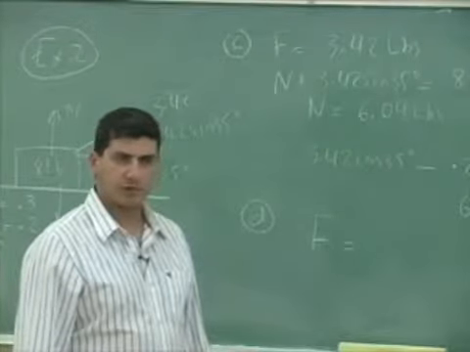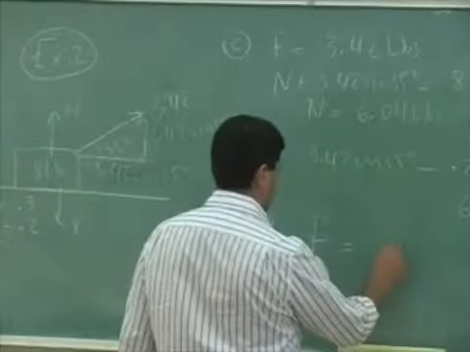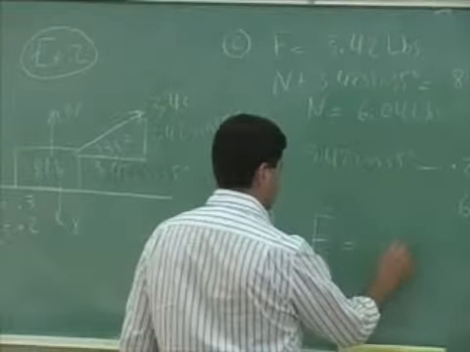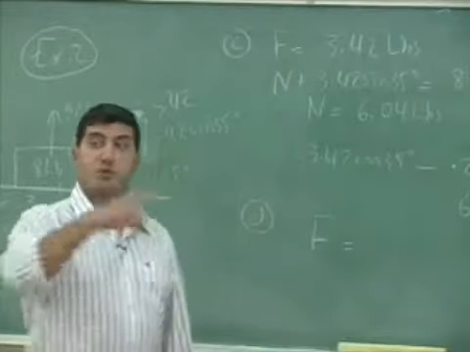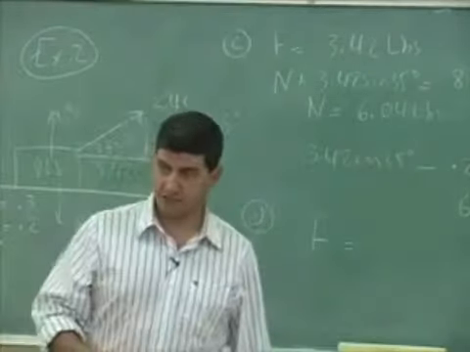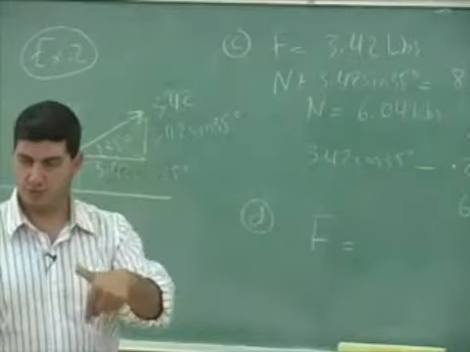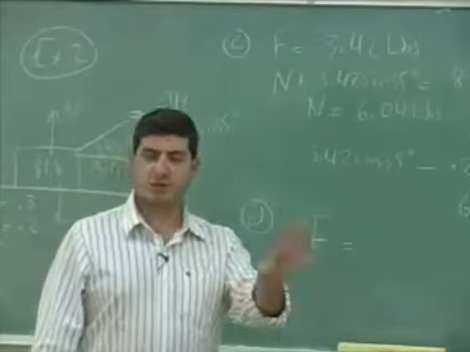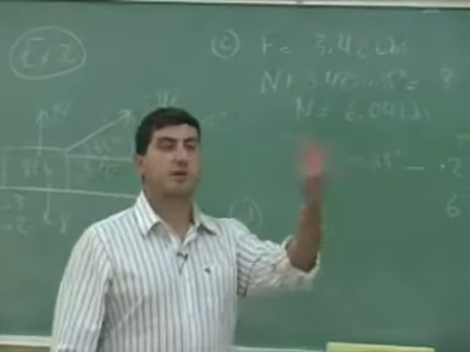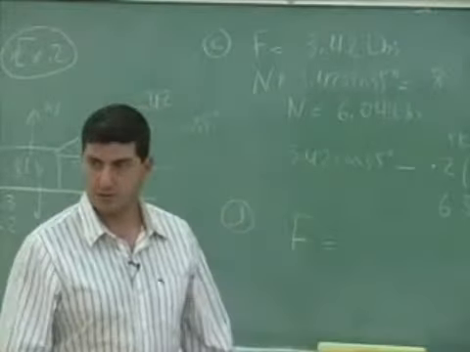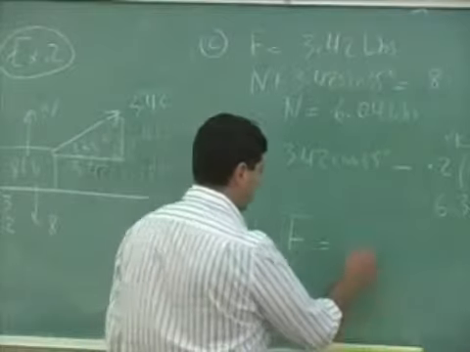F equals Fk or mu k n. Well, the other day part B was mu s, right? We used the mu s because we wanted to see how much force is needed to make it move. Now we're going to use the same equation, but we're going to replace the mu s by mu k. So wherever you see the mu s, change it to mu k now.